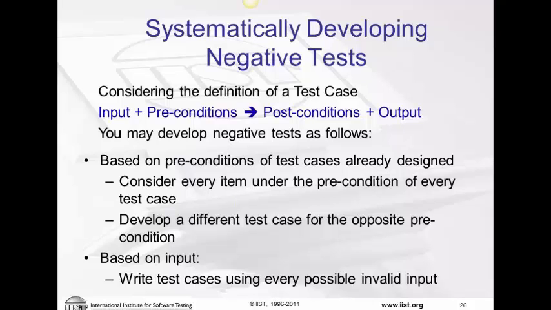Any scenario you would write that uses invalid data, that's a negative scenario. So if you have a scenario that says canceling an order using an invalid order number, that's an example, because you're planning to use some invalid order number.